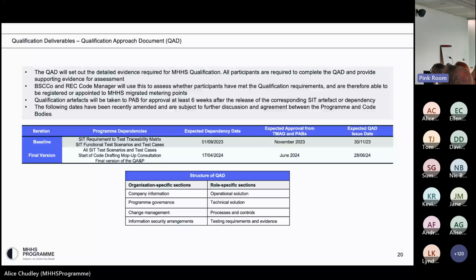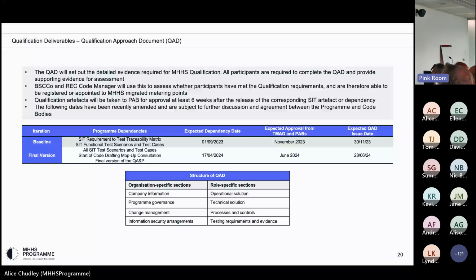That document is tied in with a few set artifacts, the same principle that Hannah just talked us through. So the baseline we're planning to get to you sometime around November, and that document itself is linked in with the set requirements traceability matrix and the functional test case scenarios.